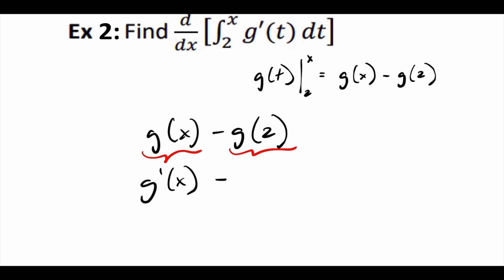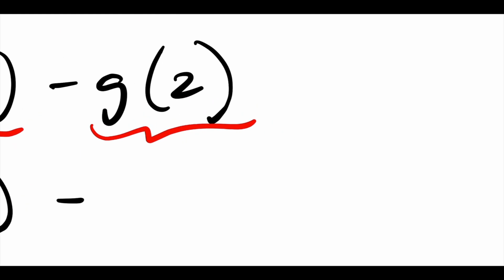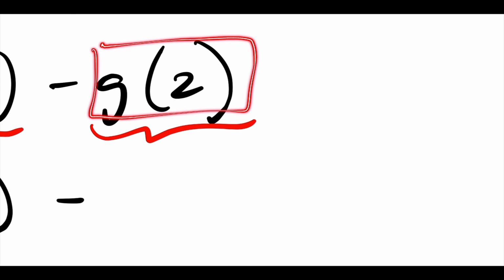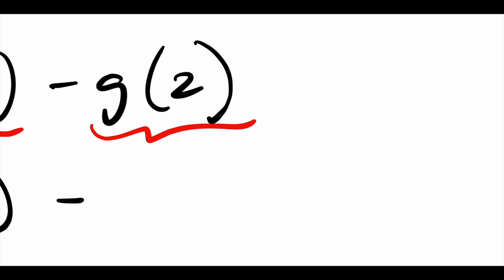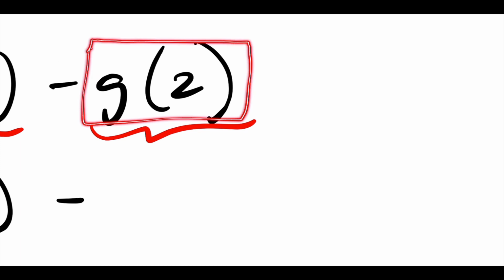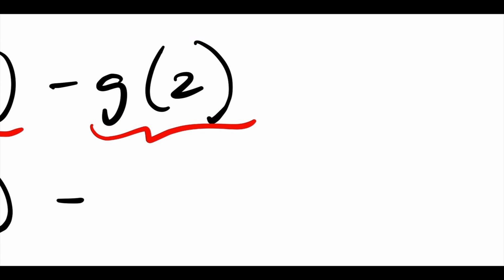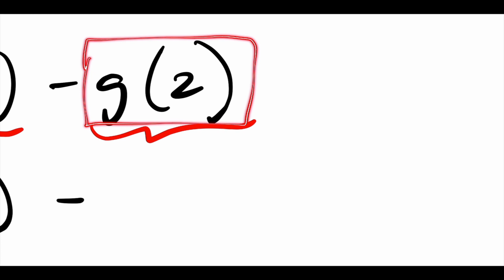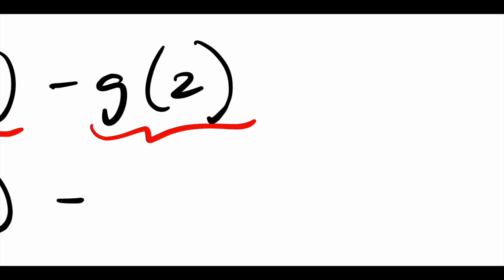What would the answer be? Not 2g. What is g of 2? If I knew what g was, if they said g of x equals blah blah blah, what would I do? I would plug in 2 and I'd get some number, right?